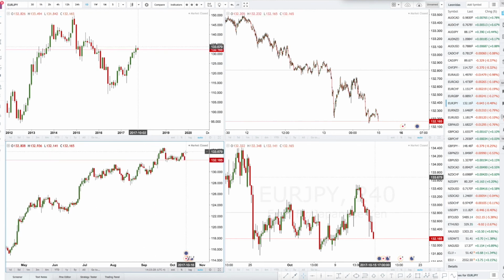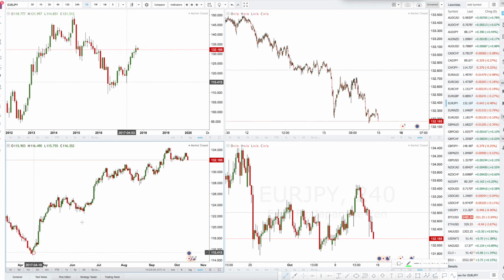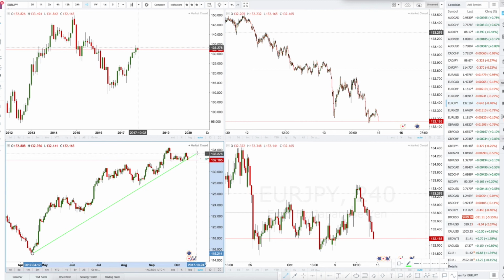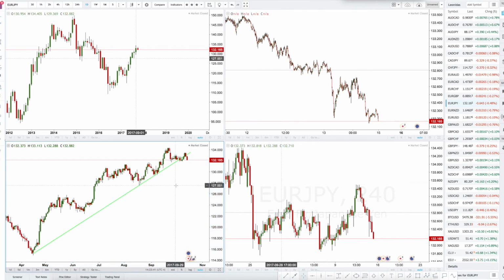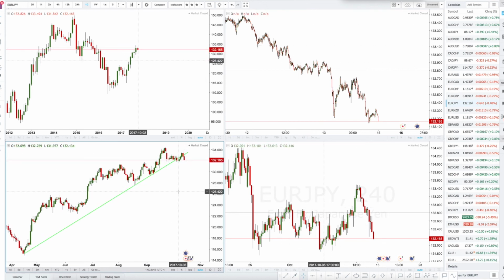We have made a lower high here, however, and if we throw in a trend line, we're kind of starting to break it, as you can see. So we posted a lower high, and now we're breaking the trend line.